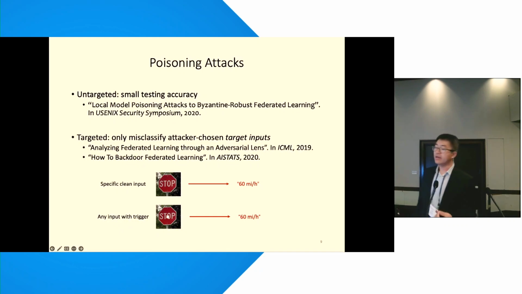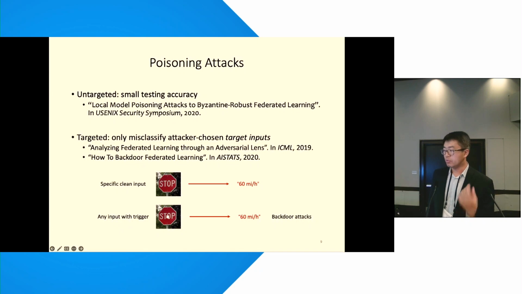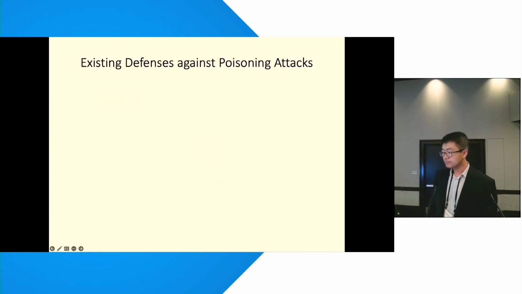For instance, an attacker may want the poisoned classifier to misclassify any input embedded with a white square at the center as a speed limit sign. By the way, these attacks are conventionally also known as backdoor attacks, which have been discussed extensively in prior talks.